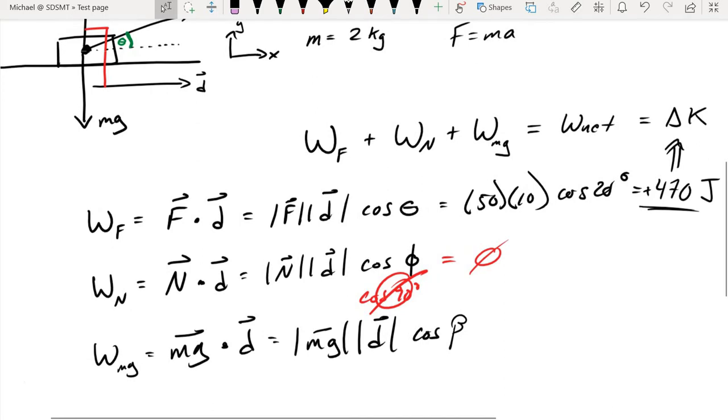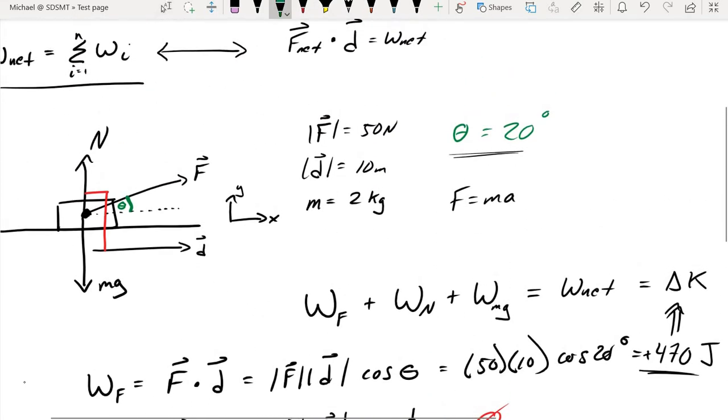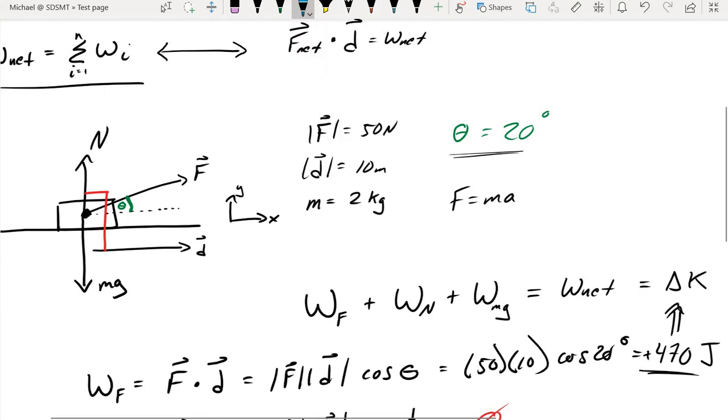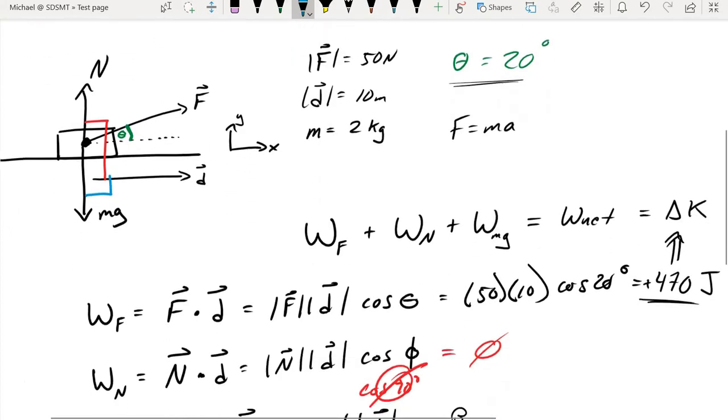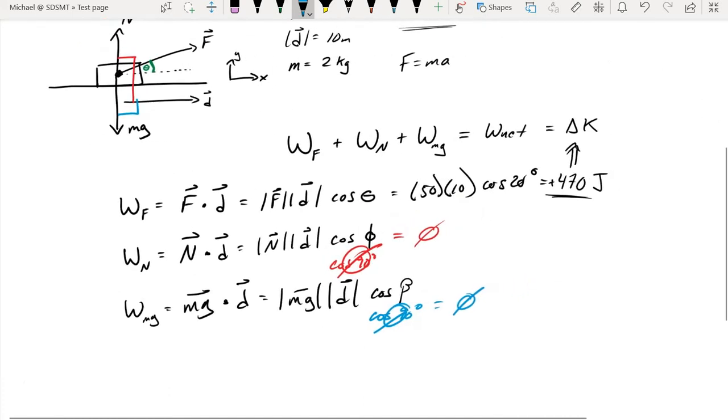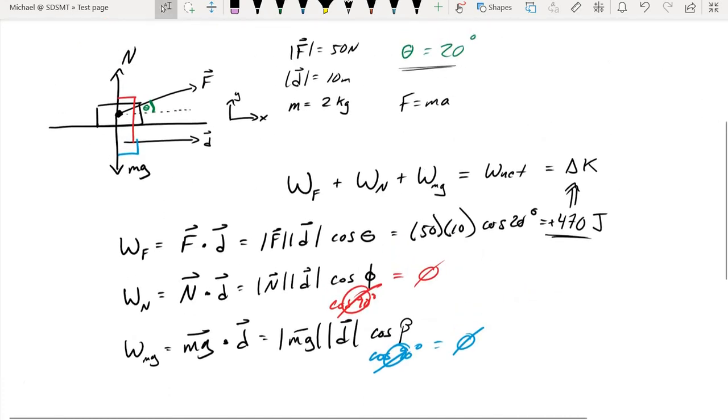But the angle between our gravity force and the displacement vector is also 90 degrees. So we get cosine of 90, which is 0. And so the gravity force doesn't do any work. The only force in the system that is doing work is the applied force.